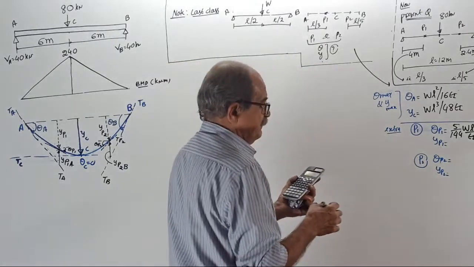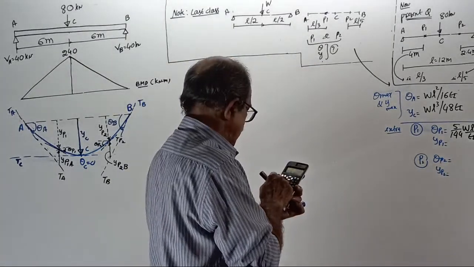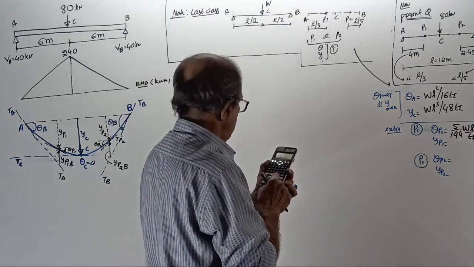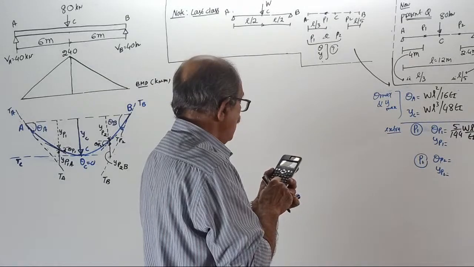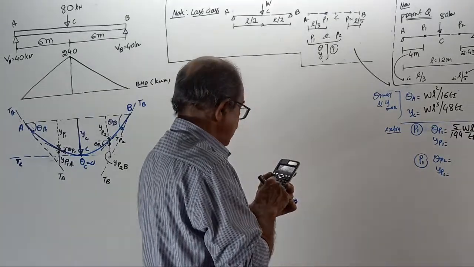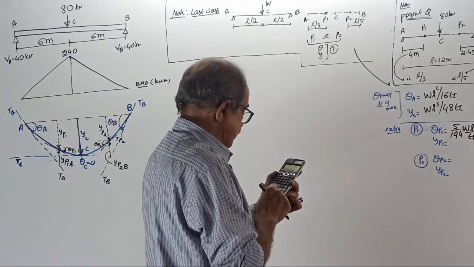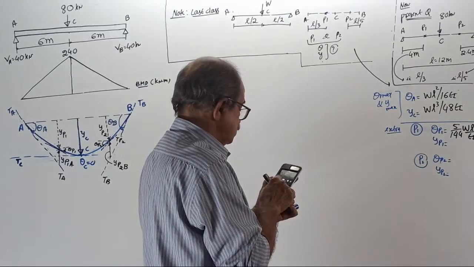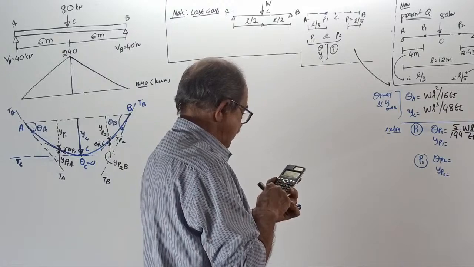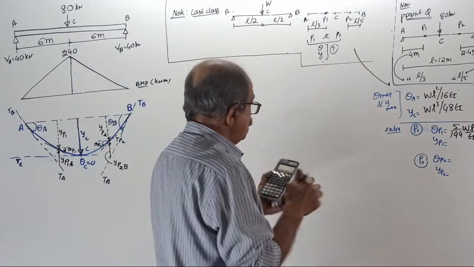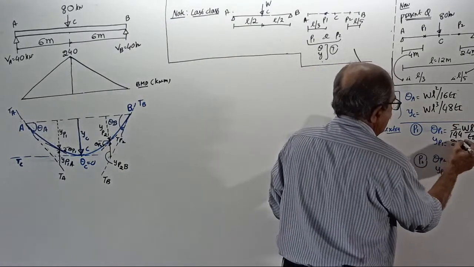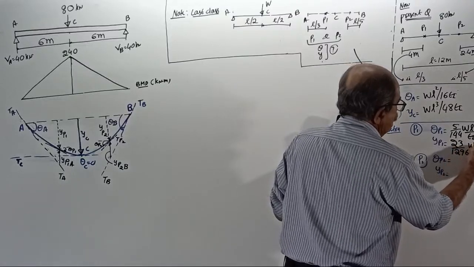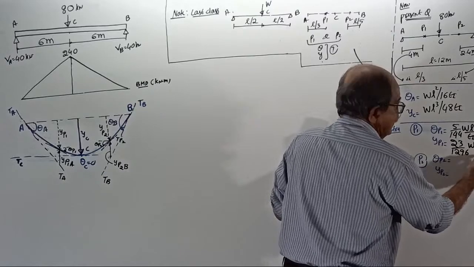Deflection came as 1 by 16 into 0.5 minus 0.5 into 1 by 3 close cube divided by 6, which is 23 by 1296 WL cube by EI.